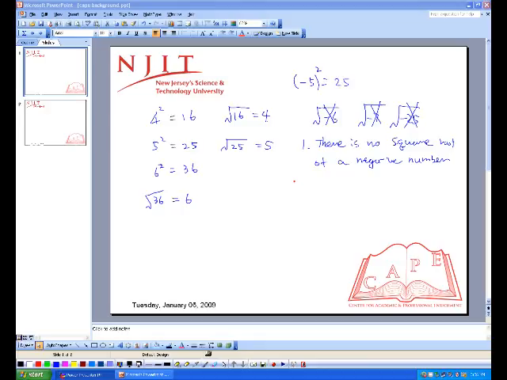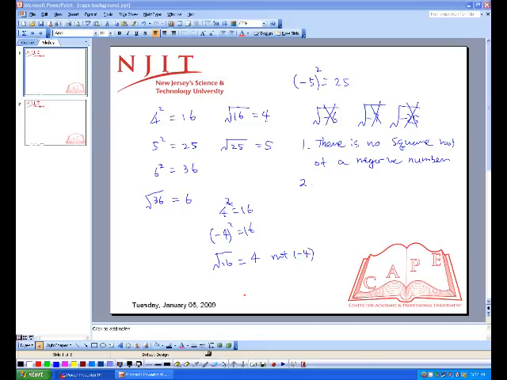The second thing is that, well, we know that 4 square is equal to 16, right? And also negative 4 square is also 16. So that means if we do the inverse, the square root of 16 is equal to 4, and it's not negative 4.